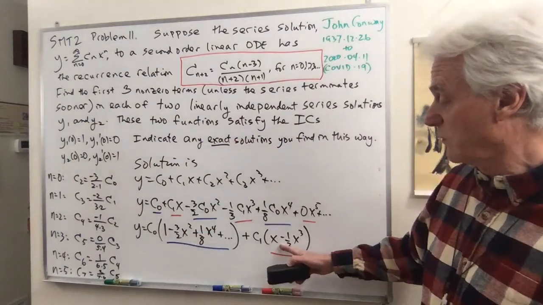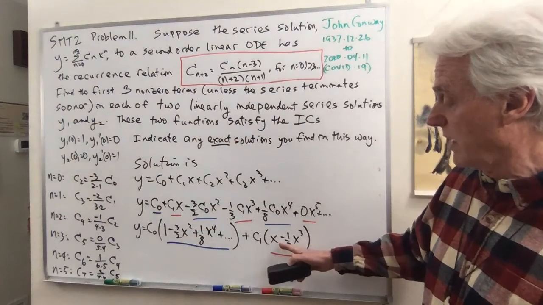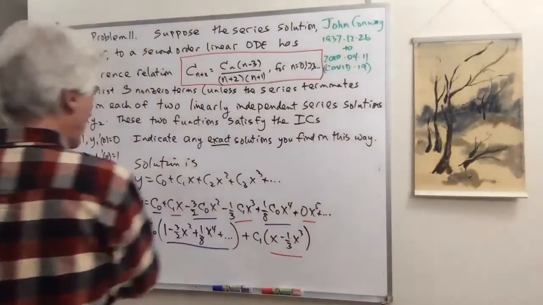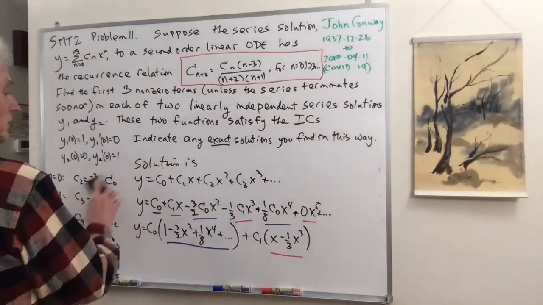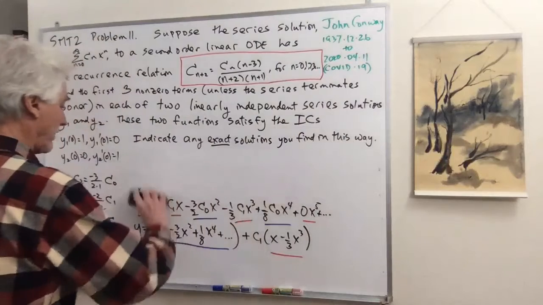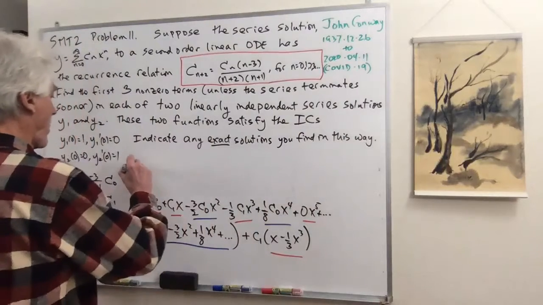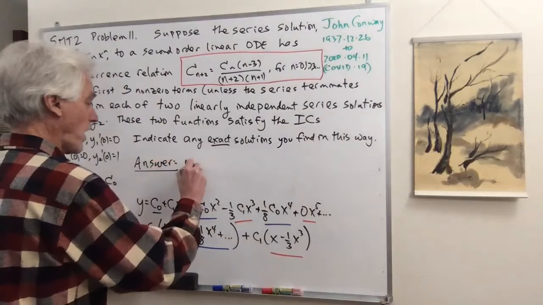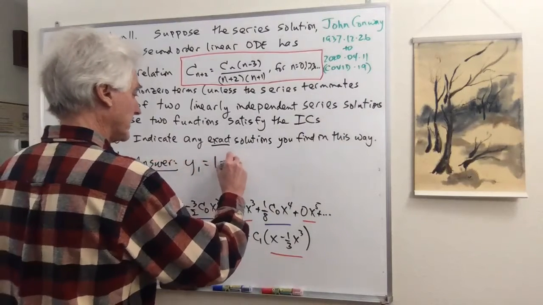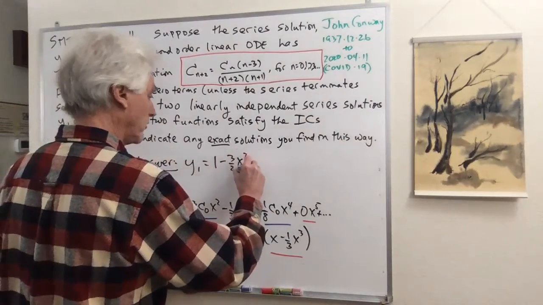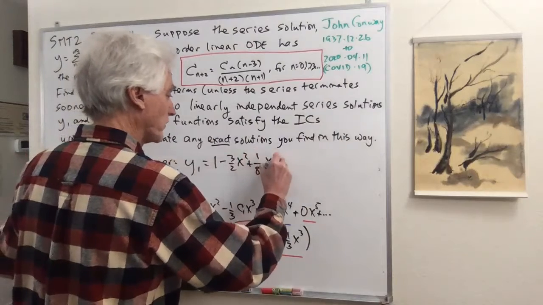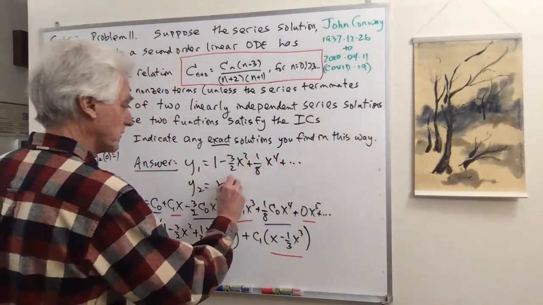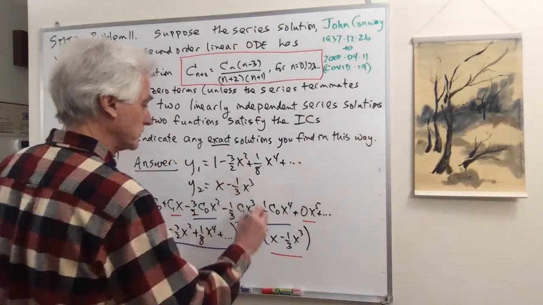Here, y of 0 is 0, but y prime of 0 is 1. So that's the solutions. All right? The answer is y1 is 1 minus 3 halves x squared plus an eighth x fourth plus dot dot dot. And y2 is x minus a third x cubed.